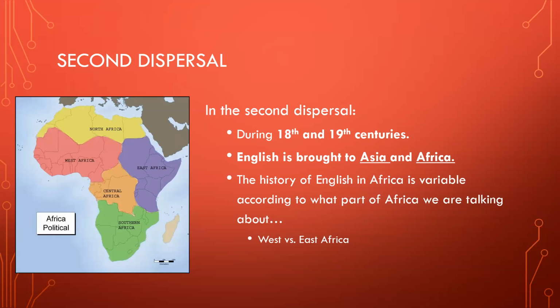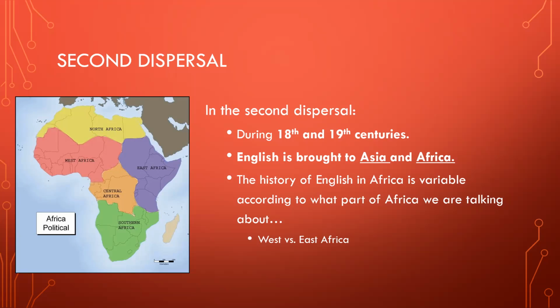As mentioned, this class is a continuation of talking about the models of the spread of English around the world. So we're talking about the model of the two dispersals, also known as the two diasporas. We said that characteristic of the first dispersal was the speaking of English as a native language or a mother tongue.